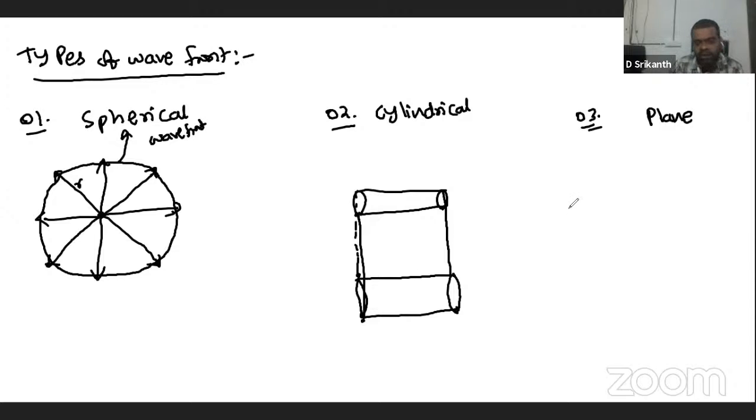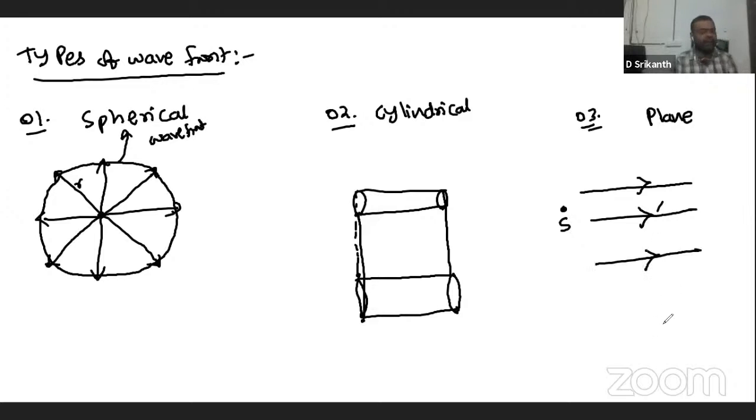If the source, whatever be the source, of any shape, is placed at a far distance, suppose at a distance of 500 kilometers or at least 5 kilometers, then we can say that the light rays after traveling some distance will become a plane. This type of wavefront can be called a plane wavefront.